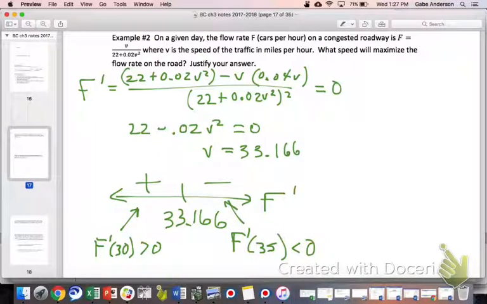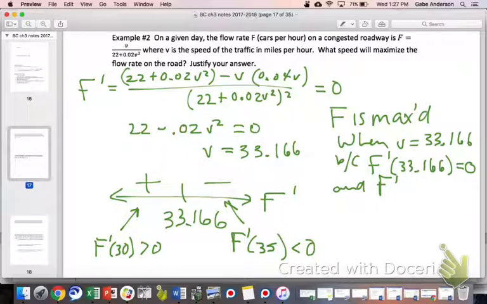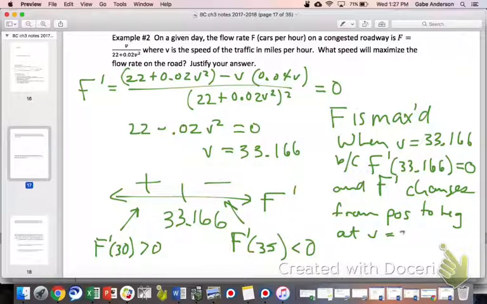So you want to make sure that you are justifying it correctly, so you could say that F is maximized when v equals 33.166, because we've already proven this, but it's okay to say f prime of 33.166 equals 0, and F prime changes from positive to negative at that point, at v equals 33.166. So we've proven it using the first derivative test.